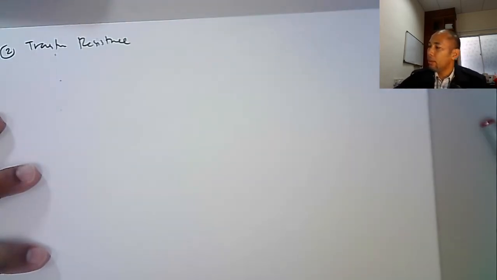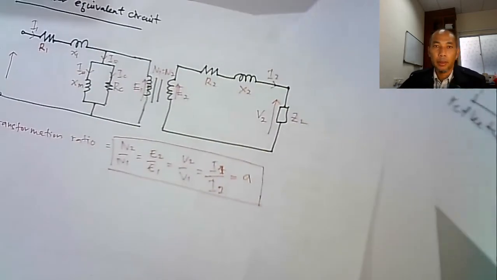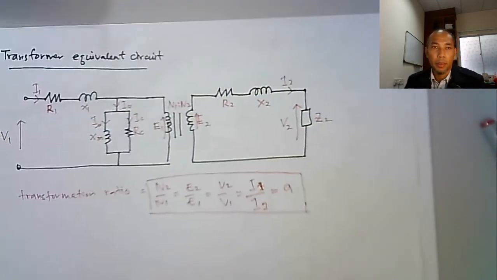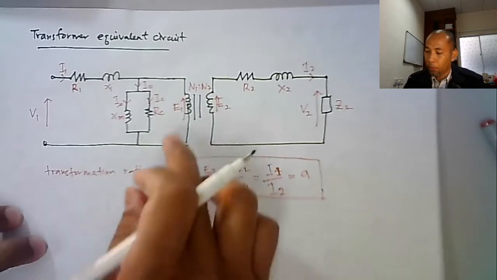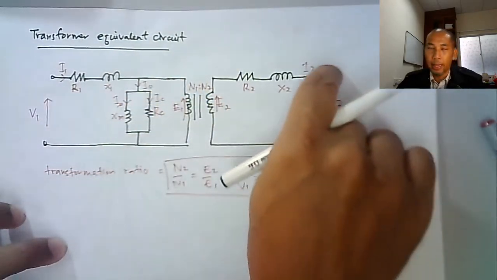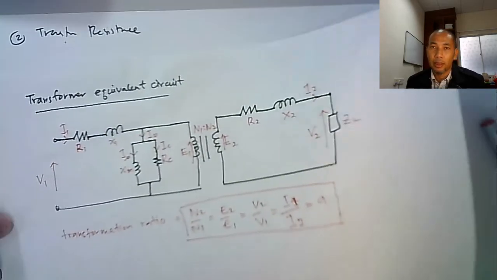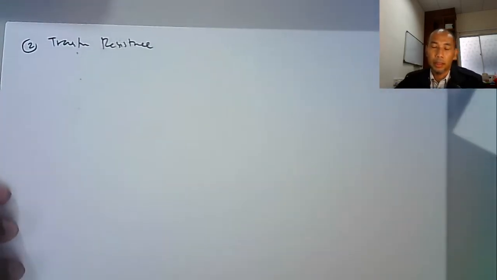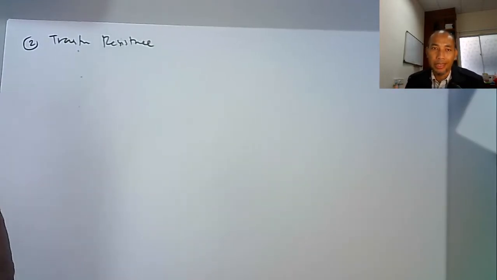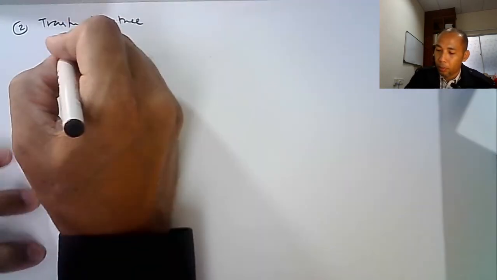For the transformer, the power at the primary side is the same as the power at the secondary side, because the transformer just transfers power; it cannot be increased or reduced.